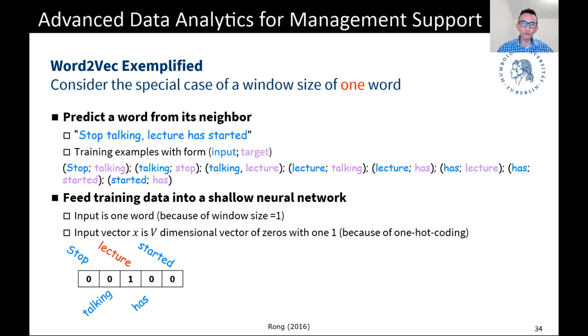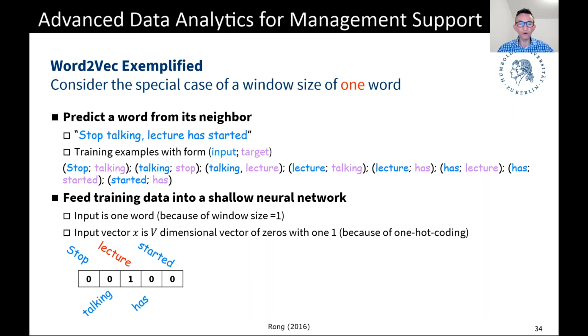And if I'm using blue for the input or context word and purple for my target word, then I could have the first tuple, stop and talking, whereby talking is the target and stop the context word. But I could also predict it the other way around. I could say, well, why not predict the target word stop from the context word talking?